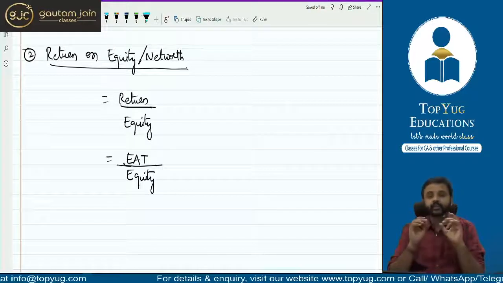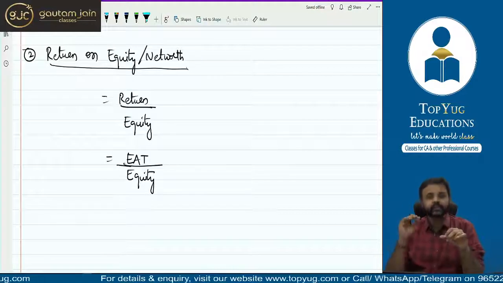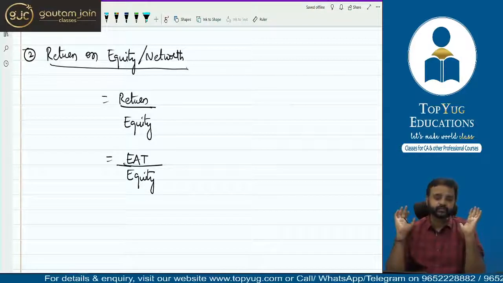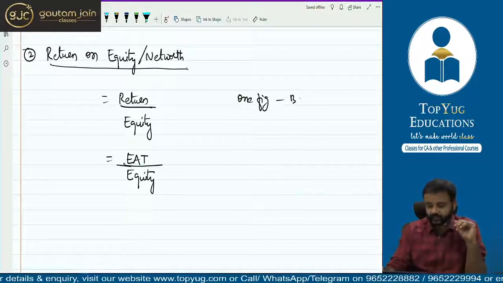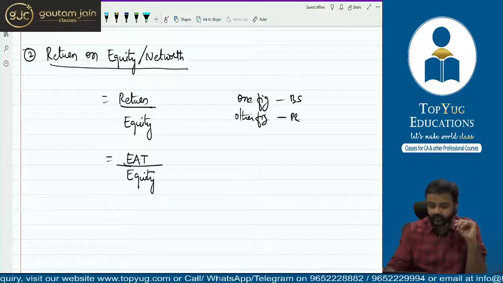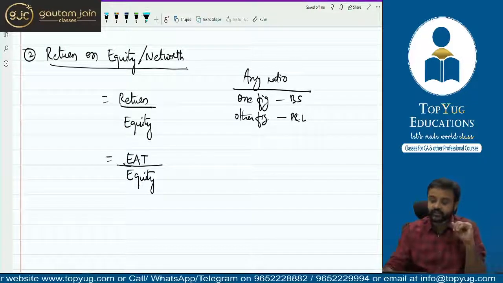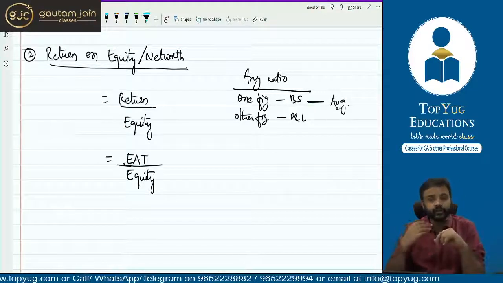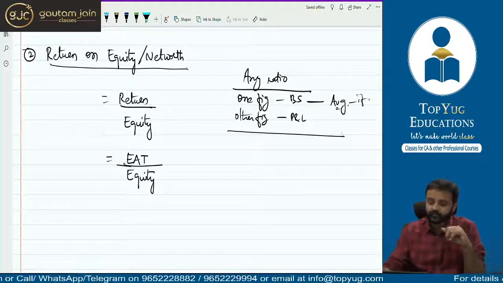When the two variables which you take are from different statements, one figure from the balance sheet and another from the P&L, then in any ratio it is always better to take the average of the balance sheet figure, if information is provided.